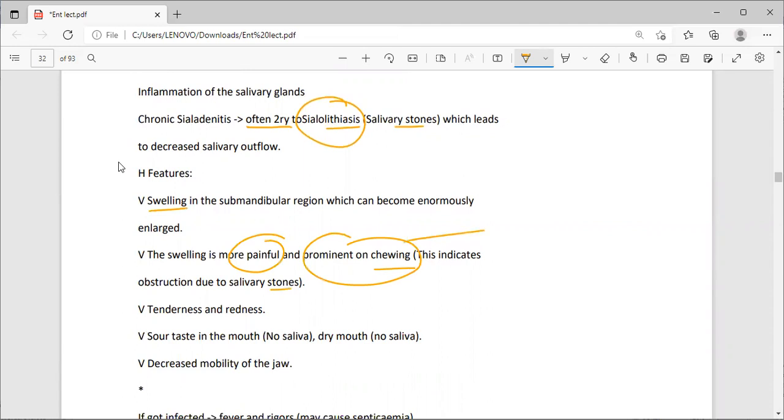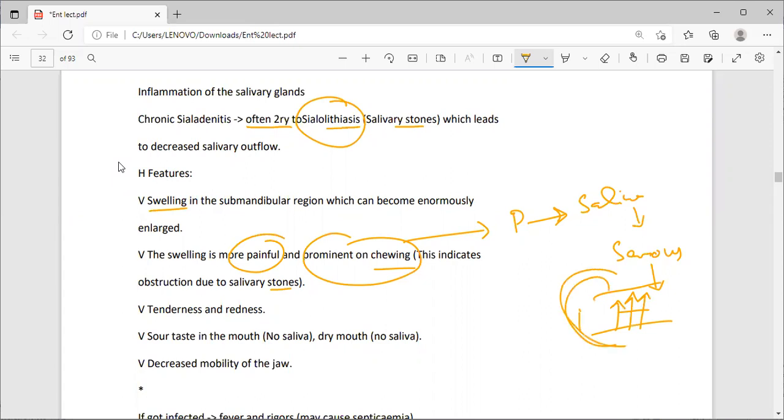Why? Because, as I told you, the parasympathetic system urges all the salivary glands to produce more serous fluid, and because they have stones in their pathway, they cannot release it. They try to release the saliva, but because of the obstruction there will be swelling in the glands, and there will be pain after eating a meal.